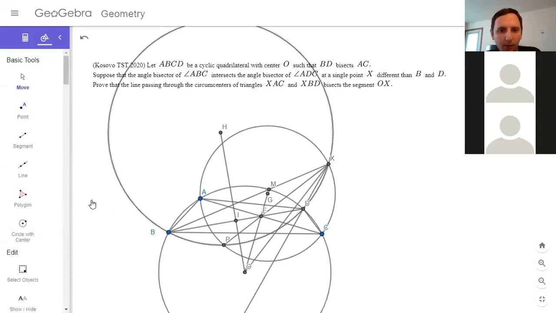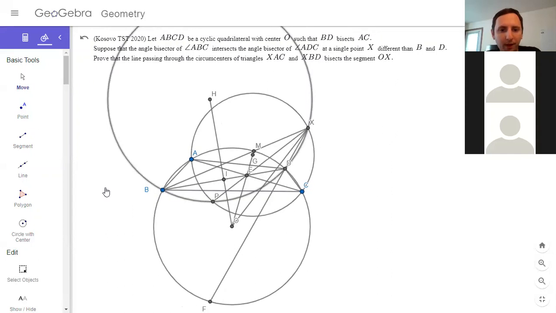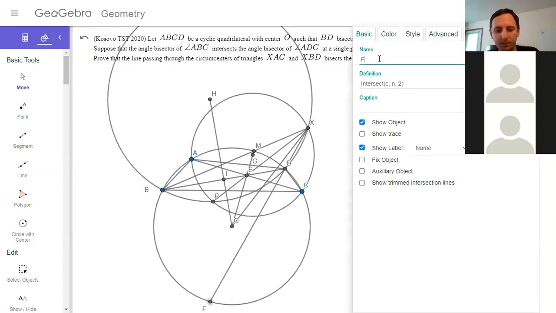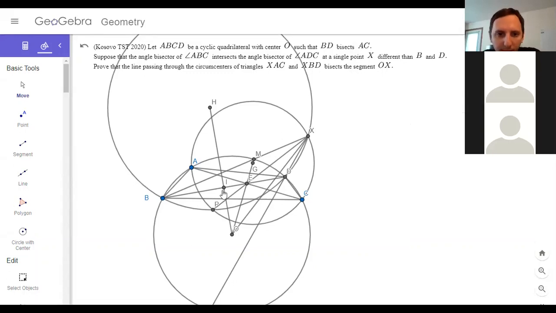I'm going to move things a little bit so we can see point L. And redefine P as the intersection of XBD and XLM.